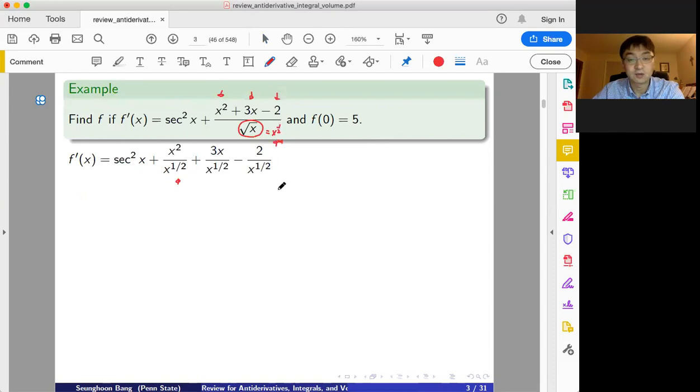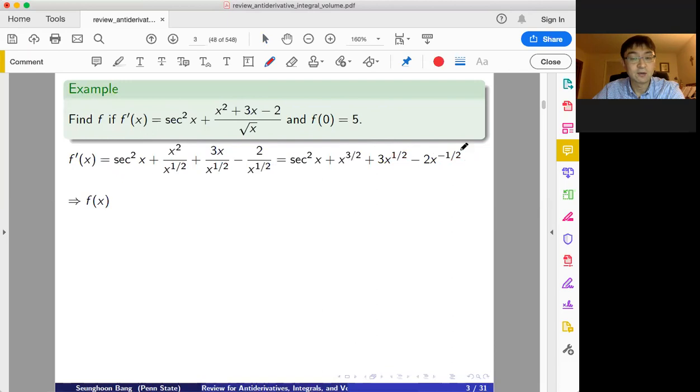The next step is to simplify. Here, 2 minus 1/2 is 3/2. Power 1 minus 1/2 is 1/2. And 2 times 1 over x to the 1/2, you can change to negative 1/2.